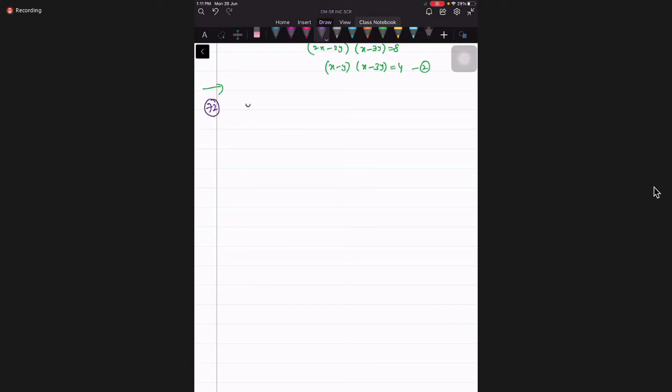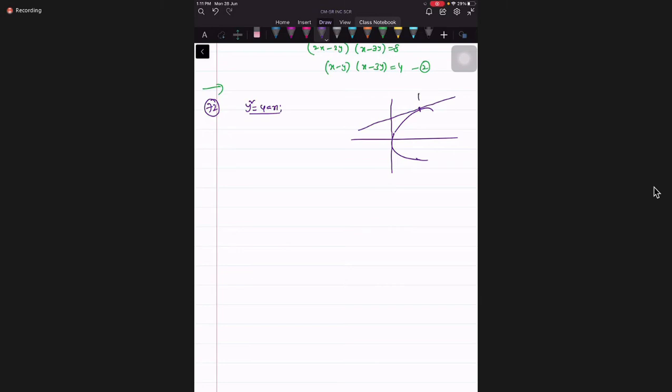We discussed this in class. You can take the parabola equation y square equal to 4x. So what they have given is the locus of the perpendicular drawn from the vertex on a variable tangent. You can choose this as the tangent.